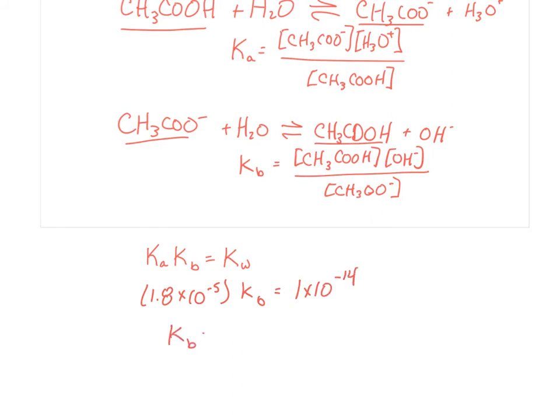And Kb is going to be equal to, if I divide this out, 5.6 times 10 to the minus 10. And this is the value of the Kb that corresponds to the reaction of the acetate ion with water.